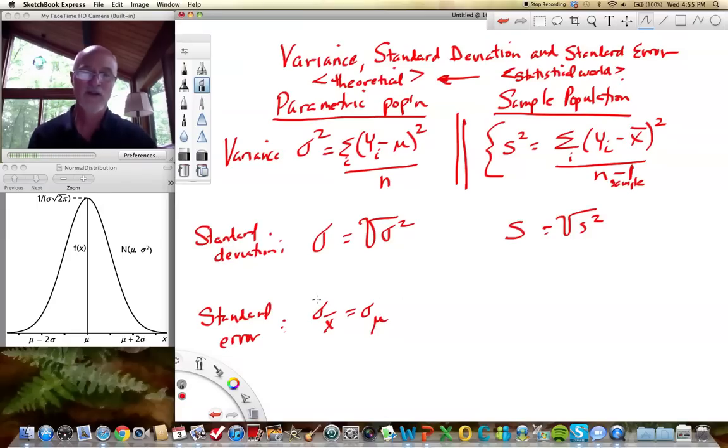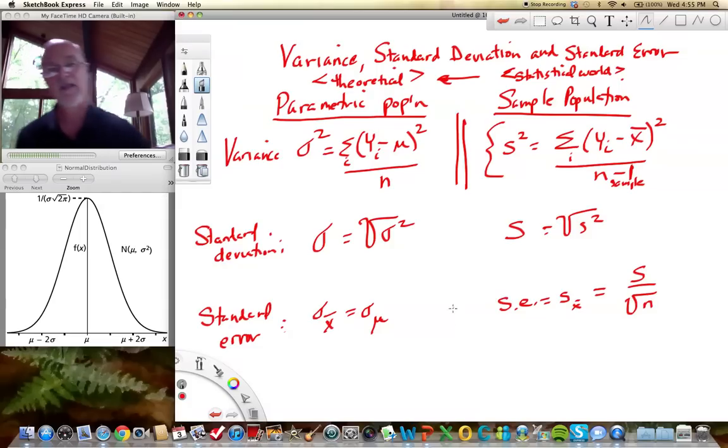And we don't usually talk about standard error much regarding the parametric population. We usually talk about the standard error, and it's sometimes given a separate name, but it's really the standard deviation of the mean. And we estimate that by dividing the standard deviation by the square root of n.